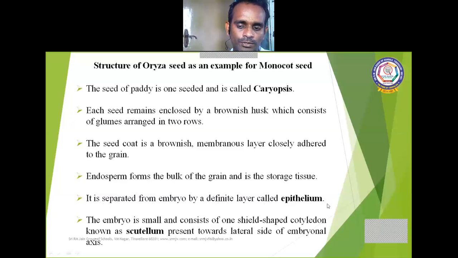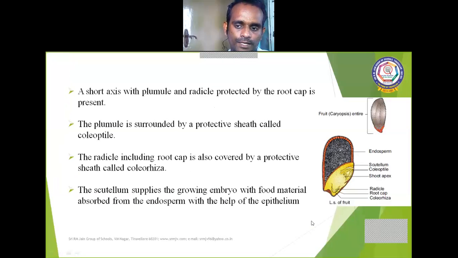Now I am going to show the diagram of LS of fruit, that is Oryza seed. Listen children, this is the structure of Oryza seed, LS of fruit. The bulk portion of the grain is called endosperm.